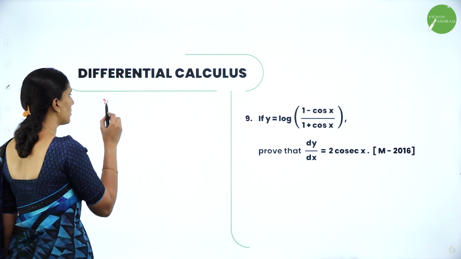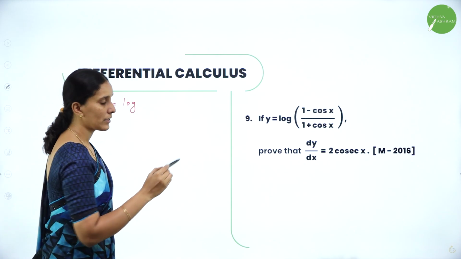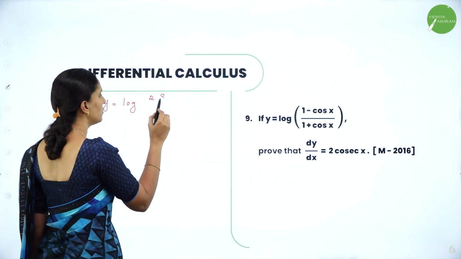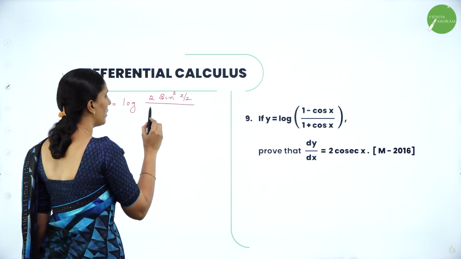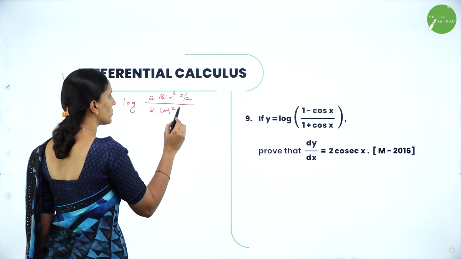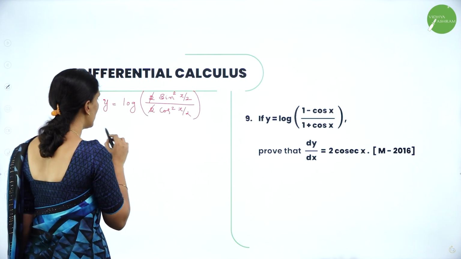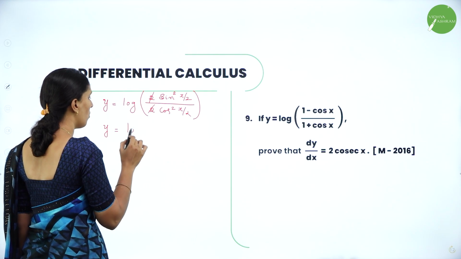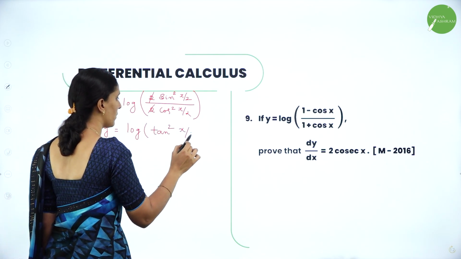So here I'll write y is equal to log of 2 sin square x by 2 whole divided by 2 cos square x by 2. So 2 gets cancelled. Here y becomes log of tan square x by 2.